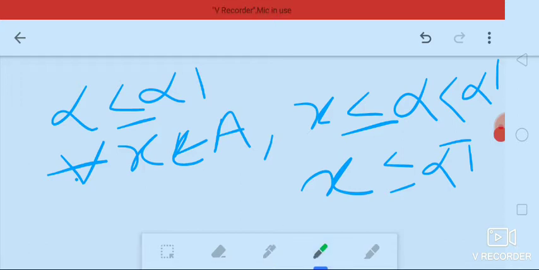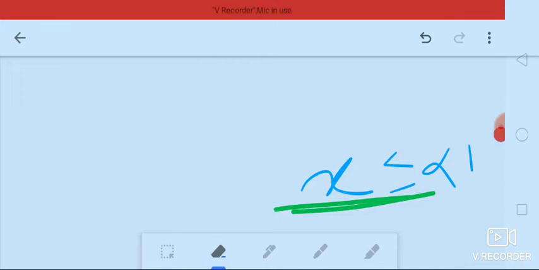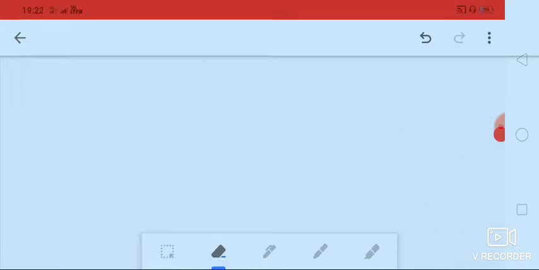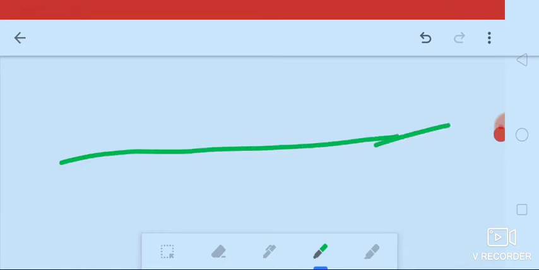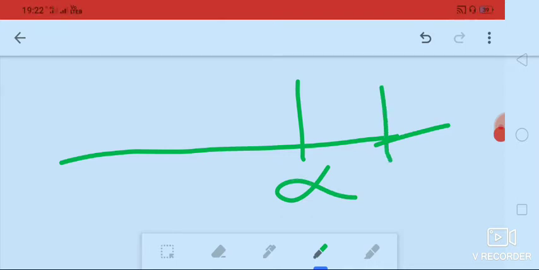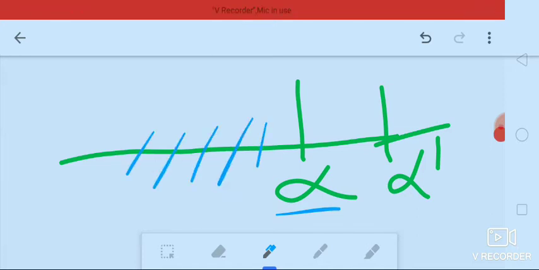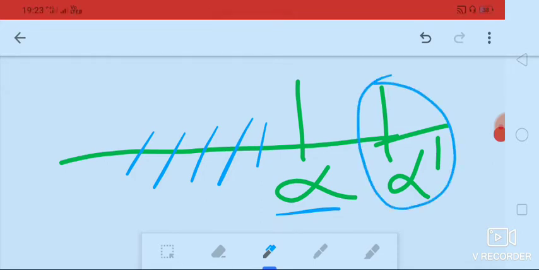From this we see graphically. I am taking a horizontal line, so this is alpha, and alpha dash is bigger than alpha. Every element of A is on the left side of alpha, and also on the left side of alpha dash.